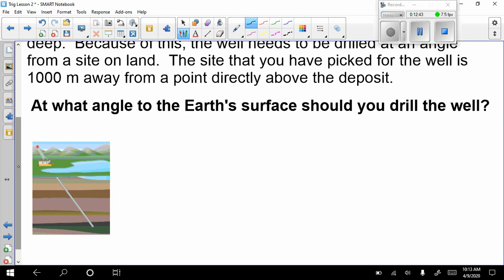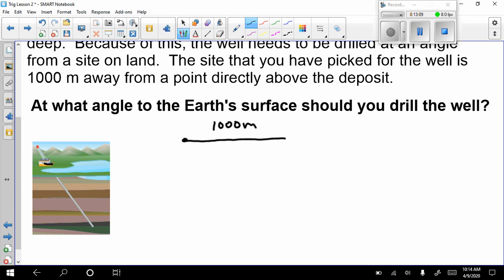Well, they kind of give you a hint here with this picture, but the first thing you want to do is do a drawing. So here, I'm going to put my well right here. This is where I'm going to start drilling. And it's told me that I'm 1,000 meters from the point directly above the deposit. So I'm going to go across here, and that is my 1,000 meters.